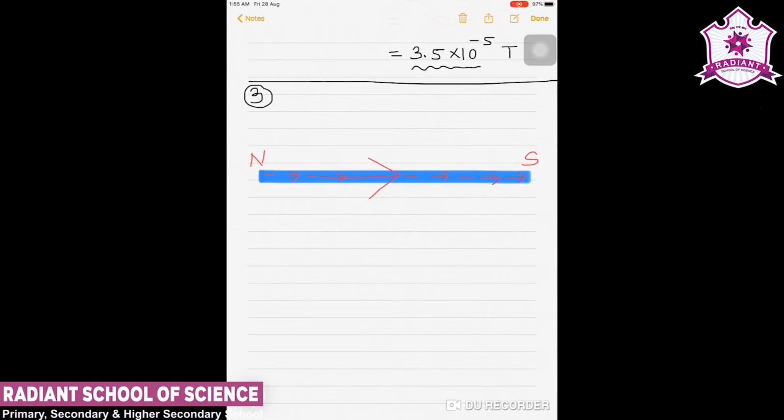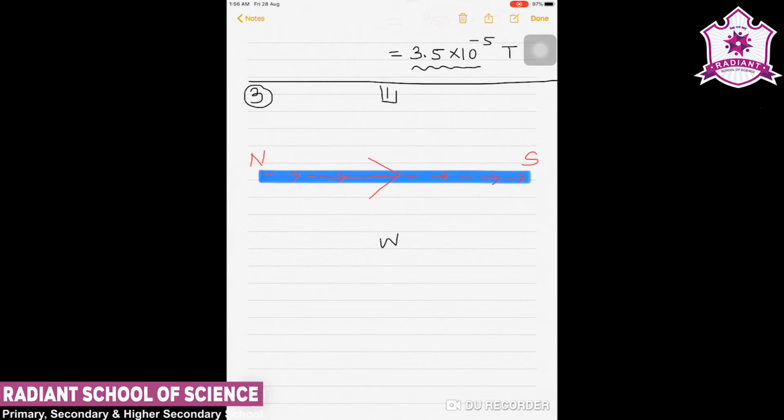So give the magnitude and direction of B at a point 2.5 meter east of the wire. Now we have two more directions with respect to north and south. If north is on my left hand side and south is on my right hand side, then east will be situated somewhere here and west somewhere here.